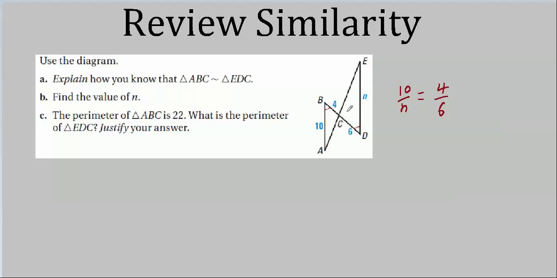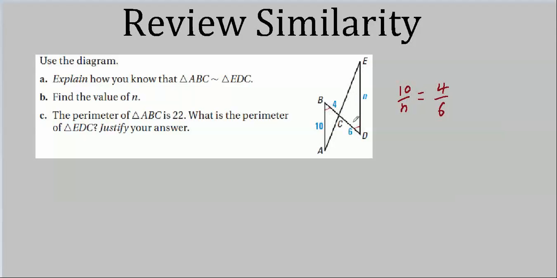The side opposite these two congruent angles, so side n corresponds to this side here, which is of length 10, so 10 over n. And all we have to do is find two other sides which correspond. And opposite this angle is 6. These two angles are congruent.